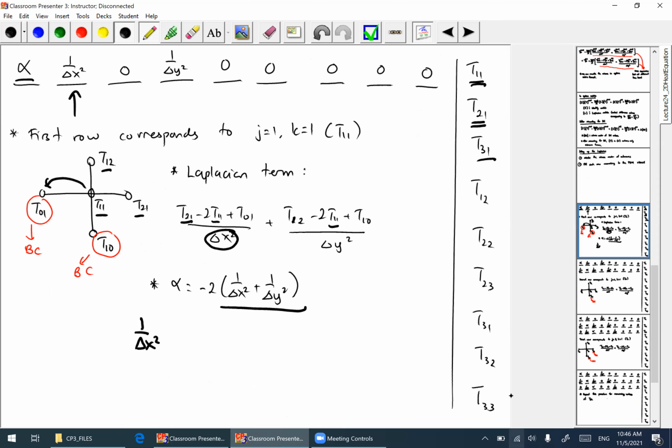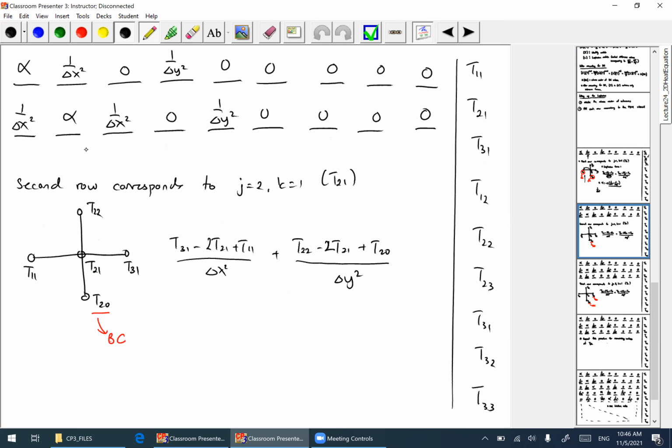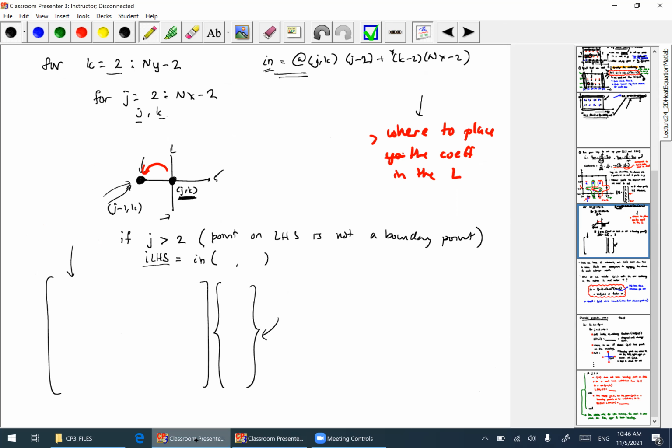For a 9 by 9 equation, we can look at this and say, okay, the j minus 1 in our case here is basically a boundary condition, so that is fine. But for the second value, the j minus 1 is actually T11. So we know T11 is basically the first column, because this is multiplied by T11. That we know. But in this case, how do we know where it is in our Laplacian matrix?